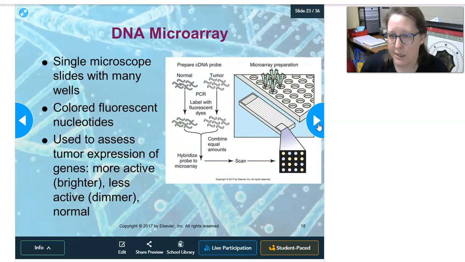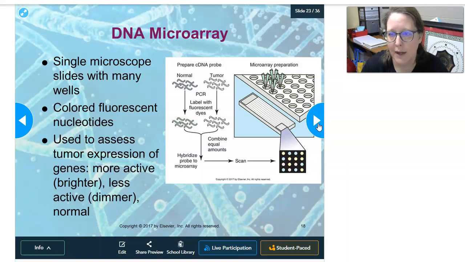Another application is the DNA microarray. It uses a single microscope slide with a lot of wells in it, and it uses colored fluorescent nucleotides. So again, little probes labeled with different fluorescent dyes. This is used to assess the tumor expression of certain genes.